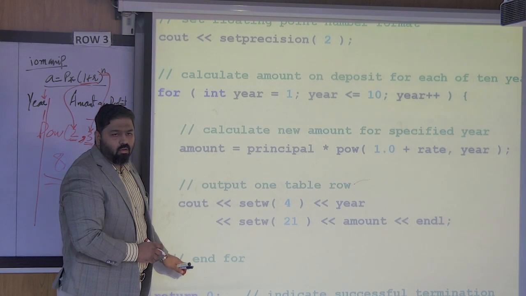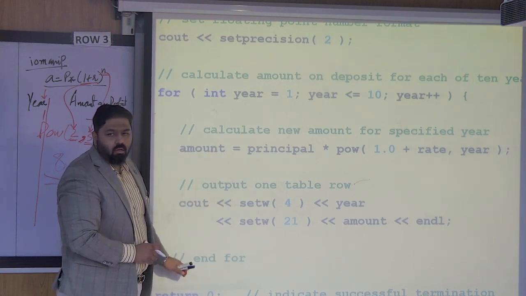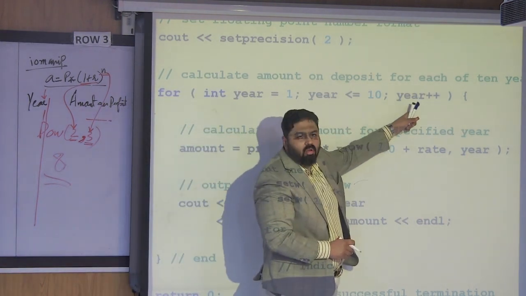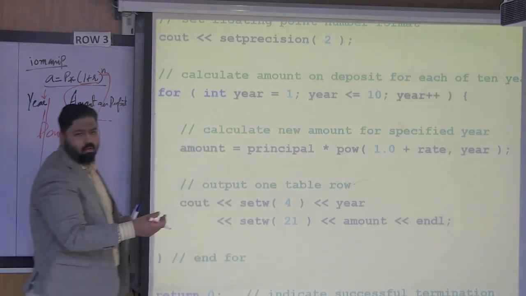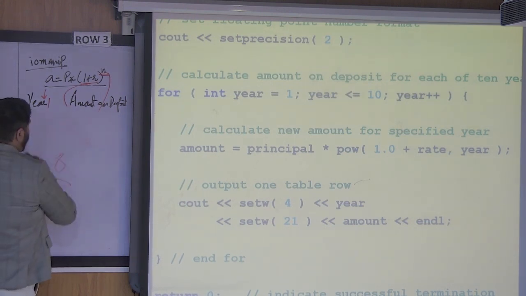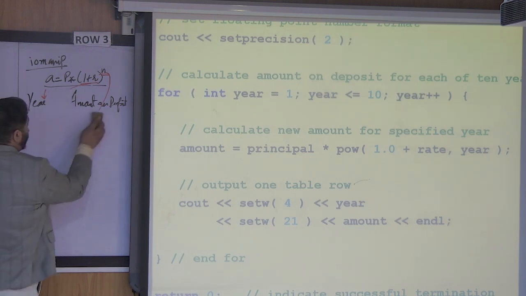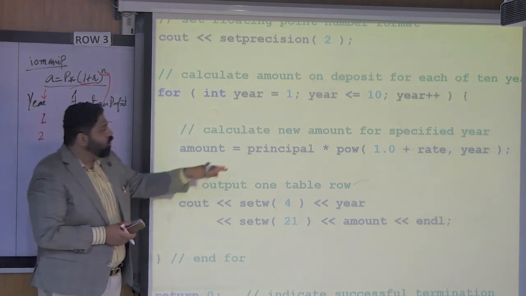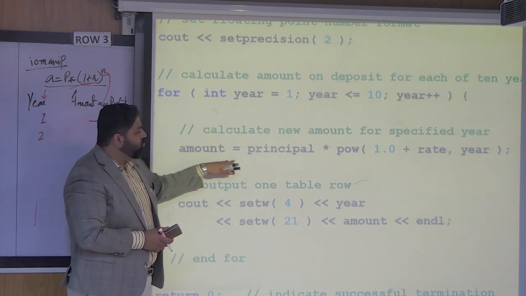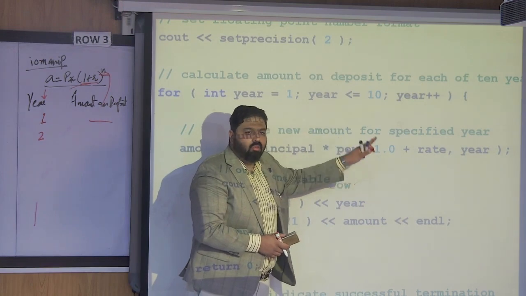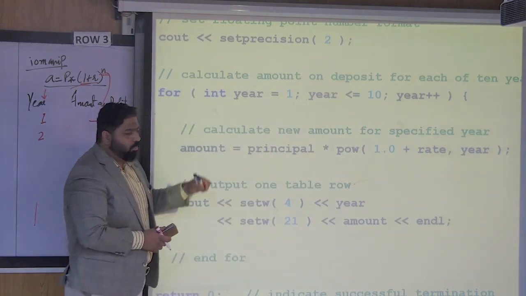The body has executed and the loop will run again, but before that one thing will happen. We have to do the second year as well. Now we are talking about year number 2. First year amount is done; second year amount is still pending. True or false? True. Amount equals principal into everything is the same: principal into power of 1 plus rate, raised to the power 2. It will be computed and displayed accordingly.